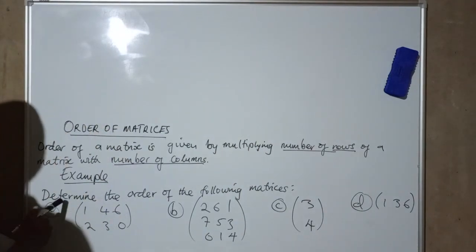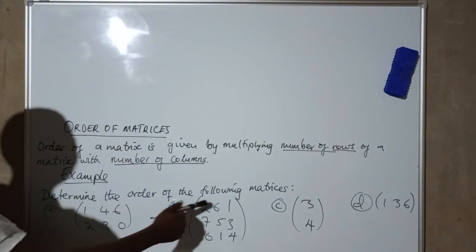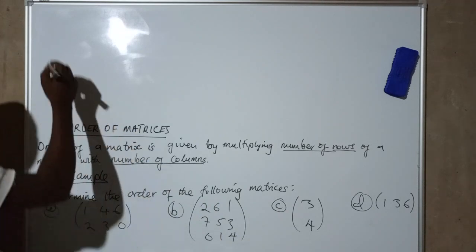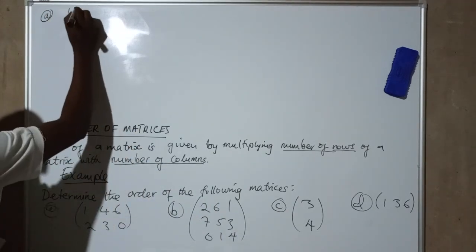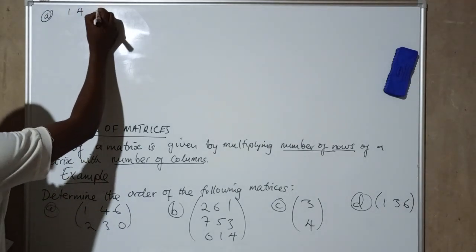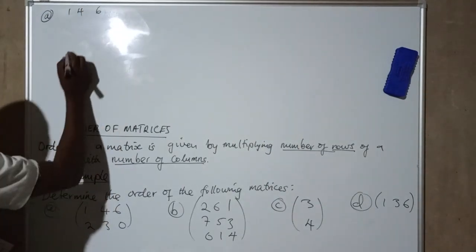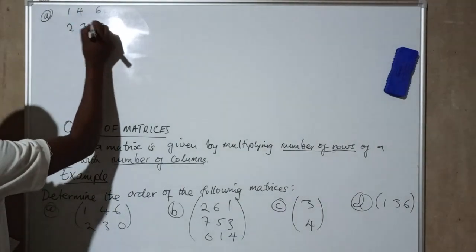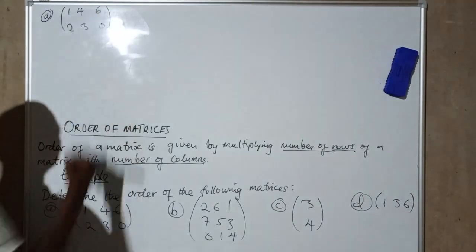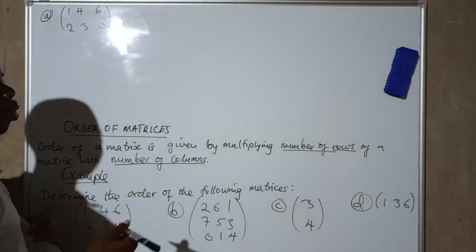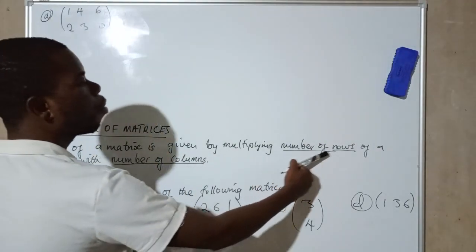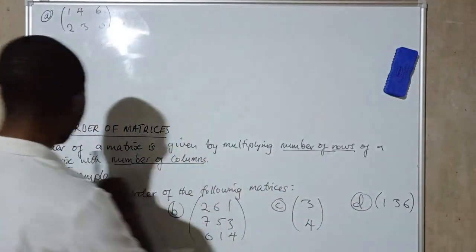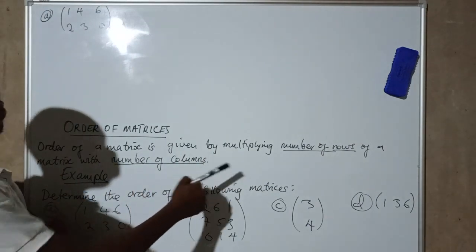So when we say determine the order of the following matrices, like A, we have 1, 4, 6, then 2, 3, 0. We said the order is given by multiplying the number of rows of a matrix with the number of columns.